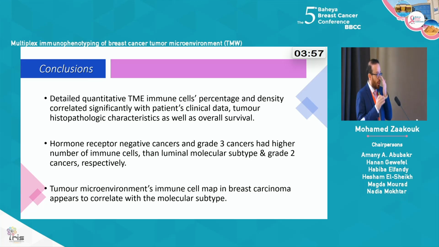And those with low TSR, meaning stroma rich, were correlated with worse or shorter overall survival. Tumor microenvironment immune cell mapping in breast carcinoma appears to be specific to the molecular subtype.